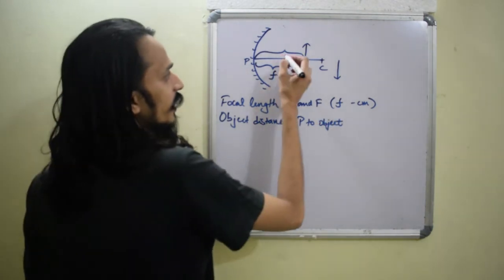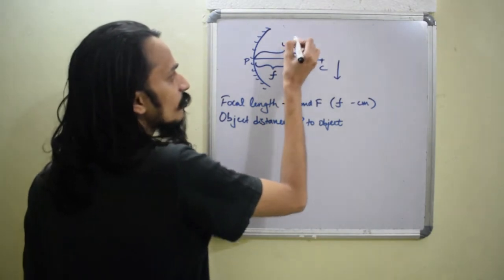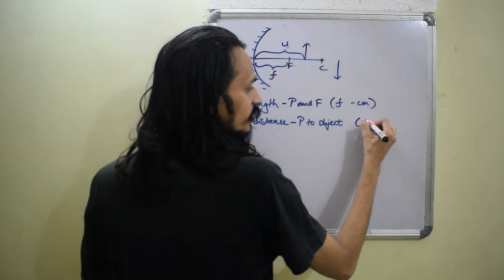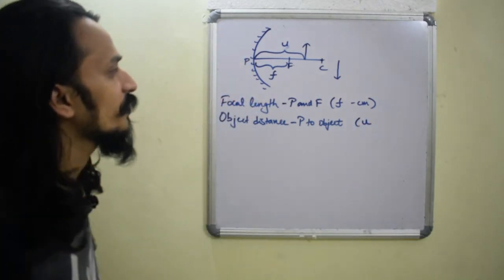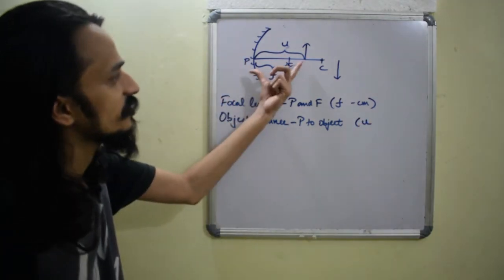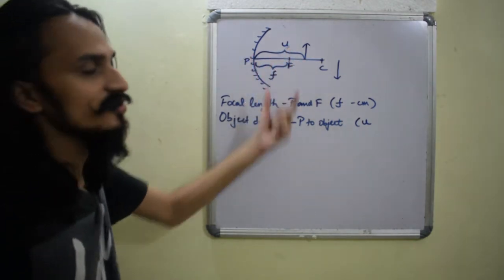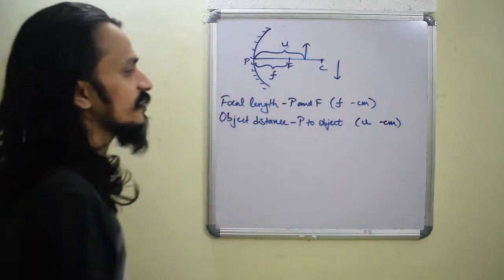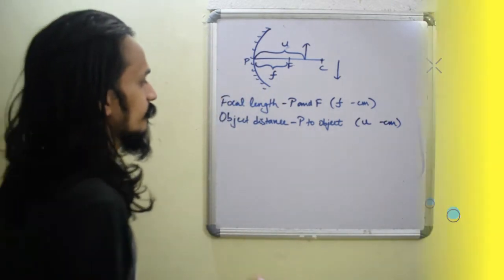We denote that with a small u. For example, if this is 10 centimeters, this can be maybe 15 centimeters. This is also measured in centimeters. These are nothing but distances, lengths.